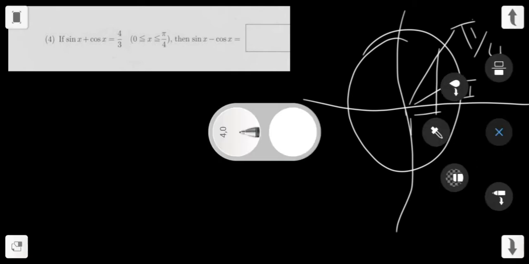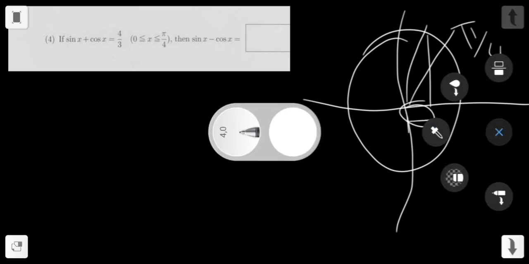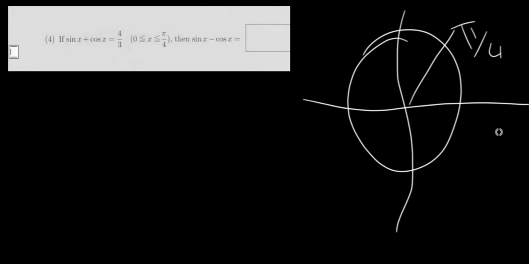Smaller than it, the cosine is bigger, and bigger than pi divided by 4, this all is sine and this is the cosine. So after pi divided by 4, the sine is bigger than the cosine, but in the condition of the question, he's telling you that our x is in this space over here.